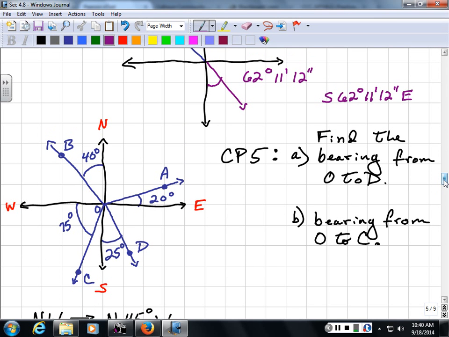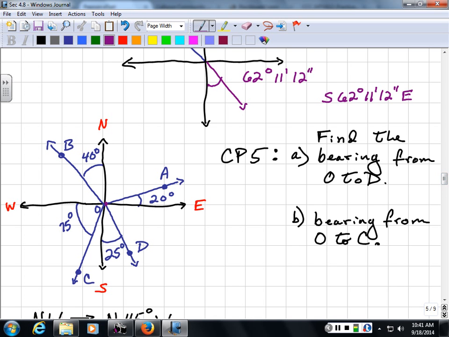I give you this diagram. Points of the compass: north, east, south, west. I have four letters on there giving you four bearings. Find the bearing from O to D. Don't shout it out. Write it down.